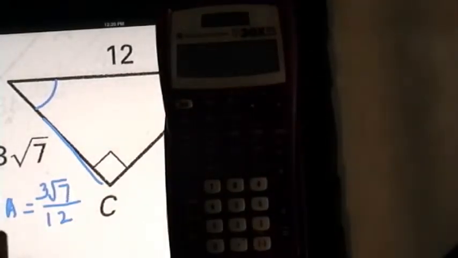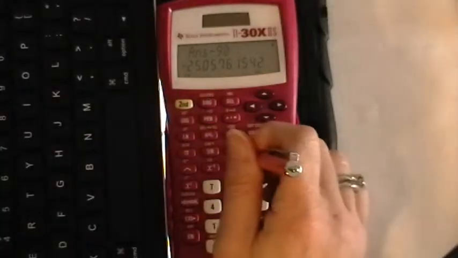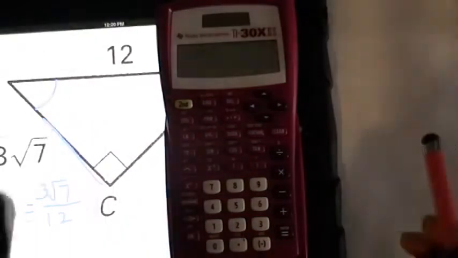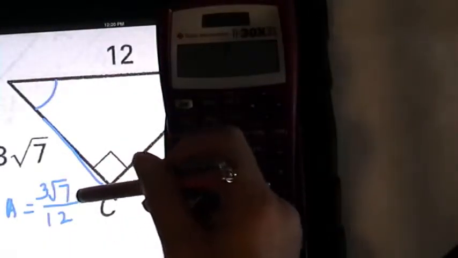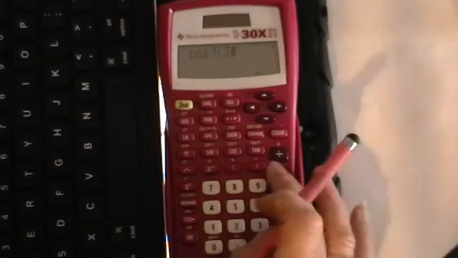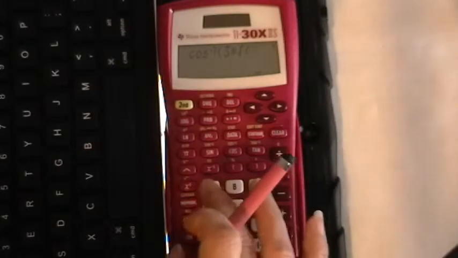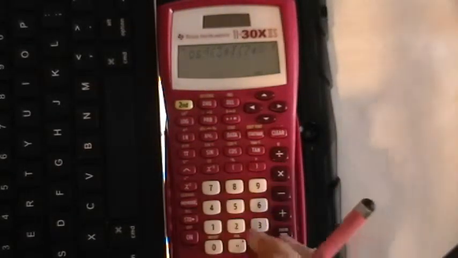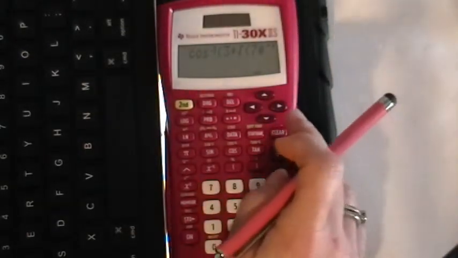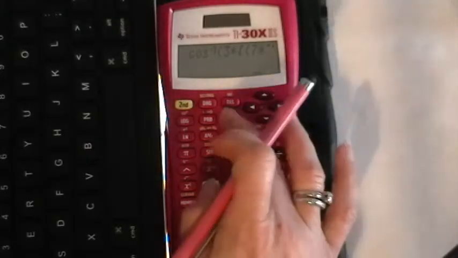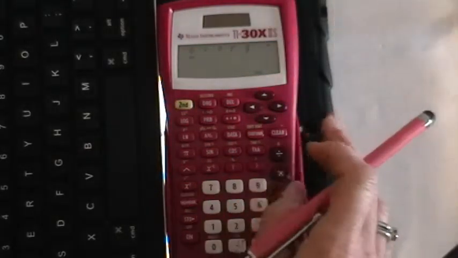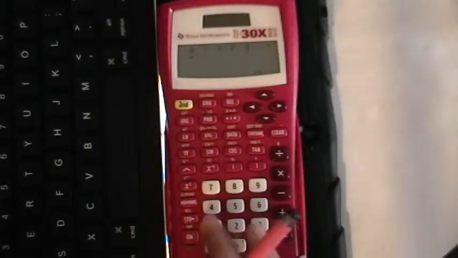So we're going to use the inverse cosine to find out what the angle is. Second function cosine. And then we're going to use 3 times the square root of 7 over 12. 3 times the square root, second function square root, of 7, times, oops, and we want to probably hit equals there. Let me delete that. Let's try again.